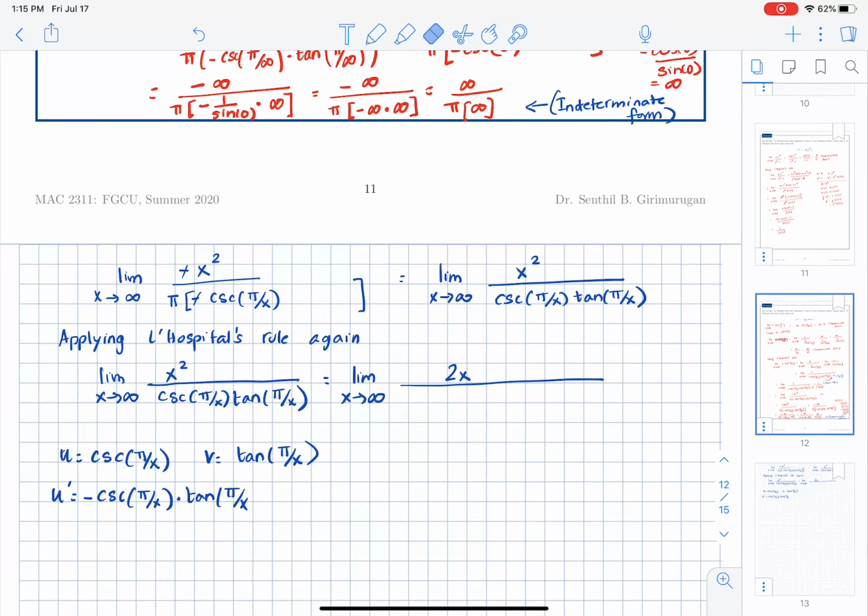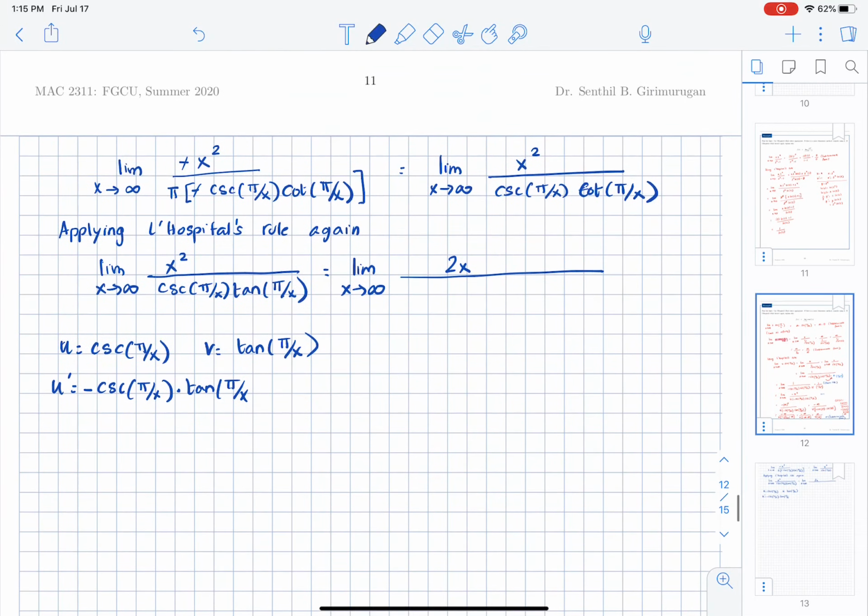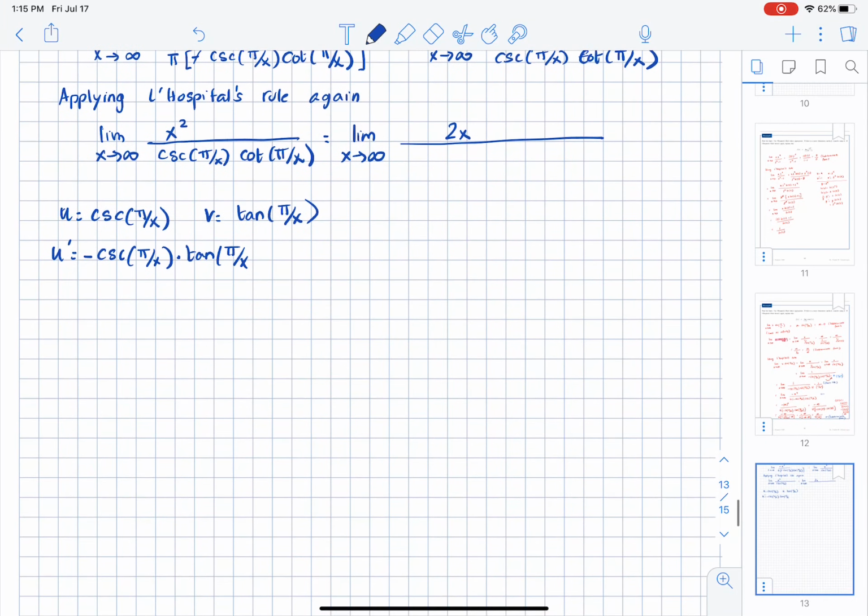But I made one mistake. It should be cotangent. Okay, I'm glad I caught it. Sorry. Cotangent pi over x.